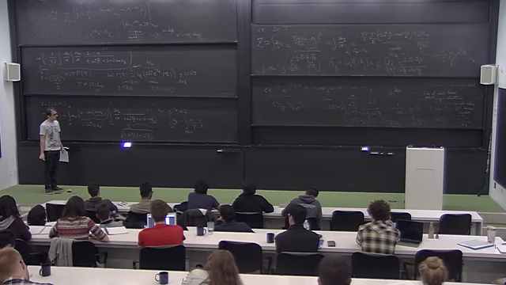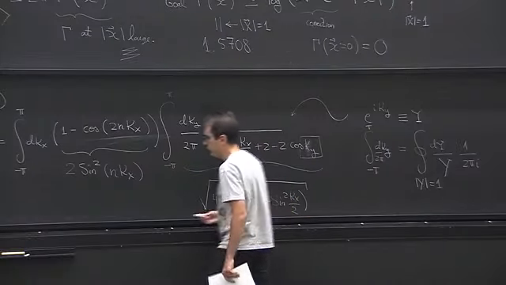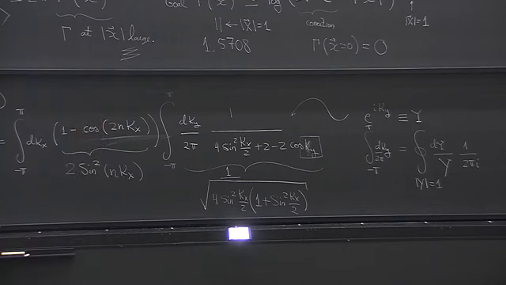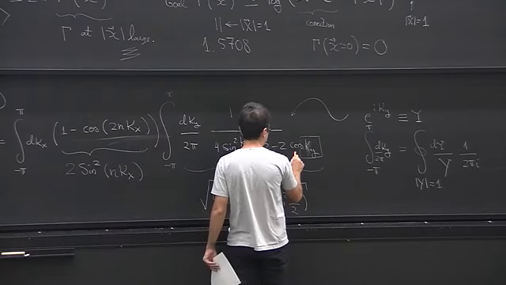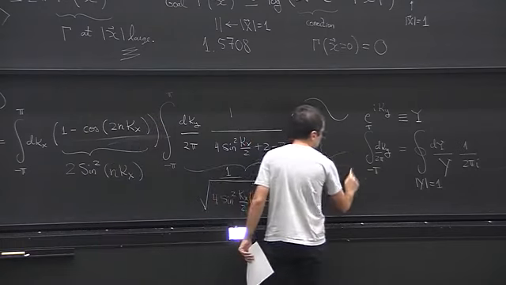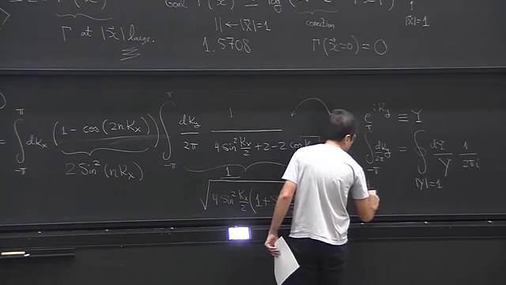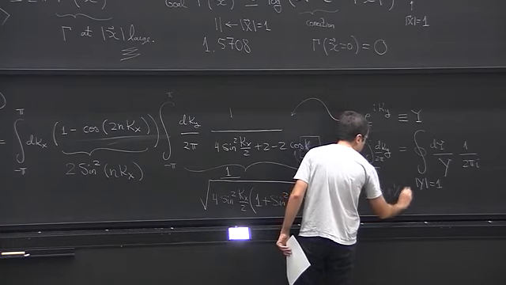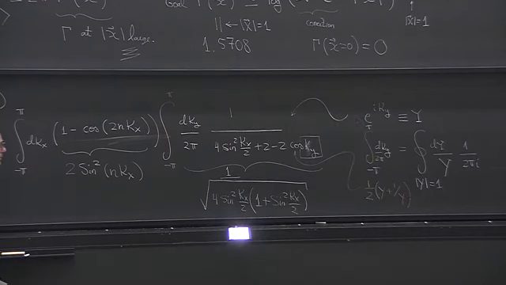Okay? And what is this cosine here? Now that I have a contour integral, under this change of variable, this cosine is just 1/2 of y plus 1 over y. Right? That's what cosine is.